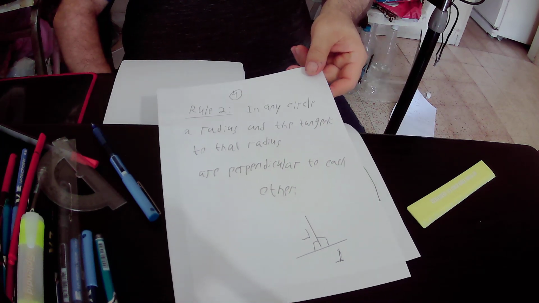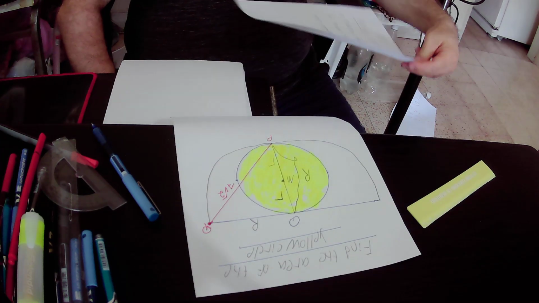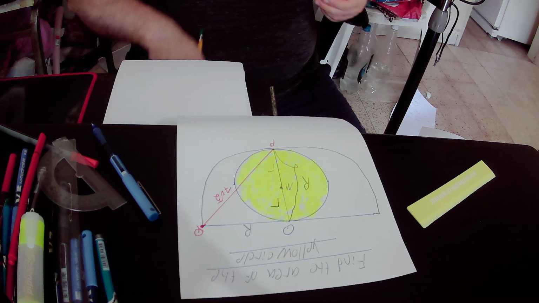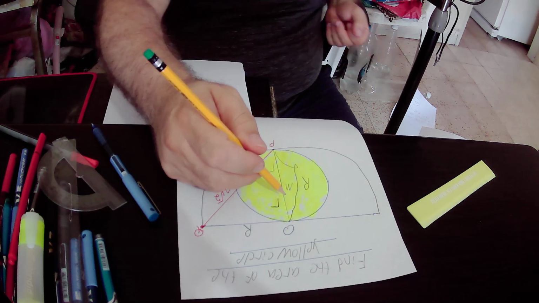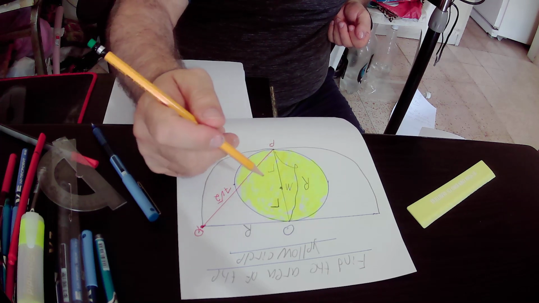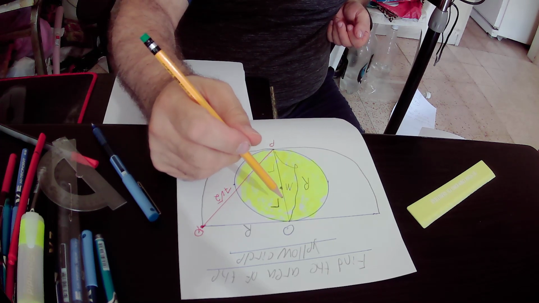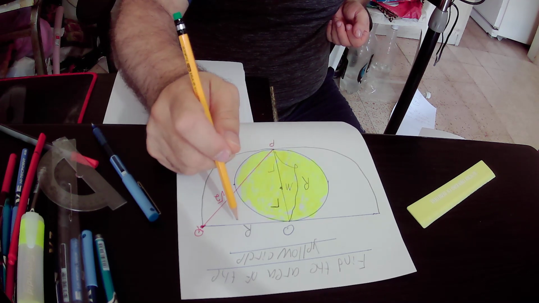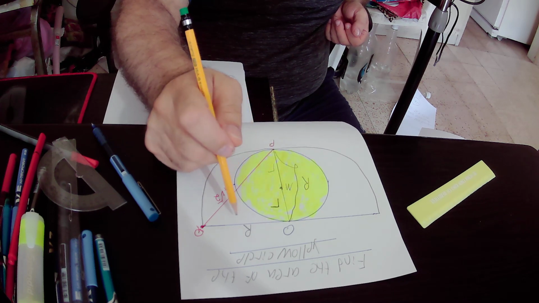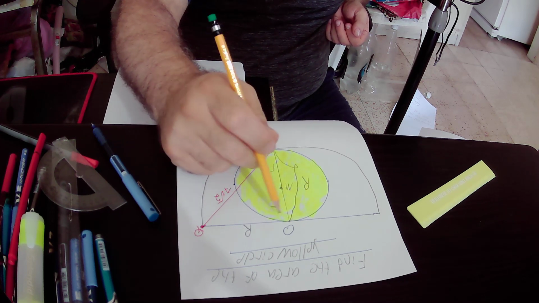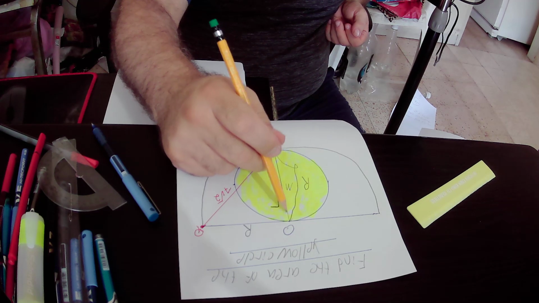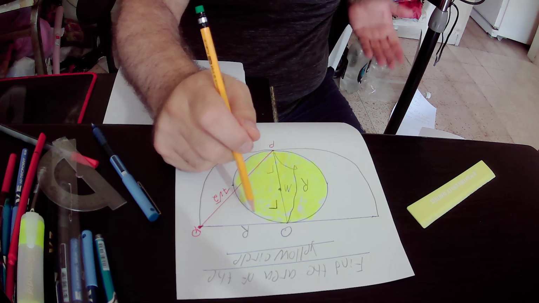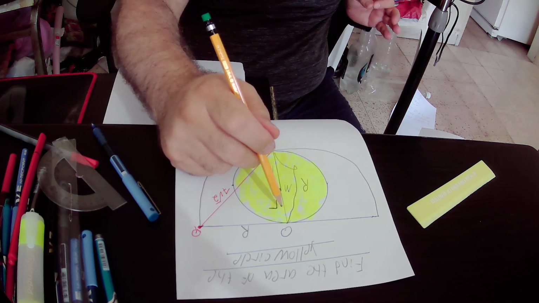We can actually implement rule number 2 in our circles, because in our circle we have radius MO of the yellow circle, and we also have line segment OQ, that is tangent to the radius. So we have a radius and the tangent to that radius. So according to rule number 2, they are perpendicular to each other.